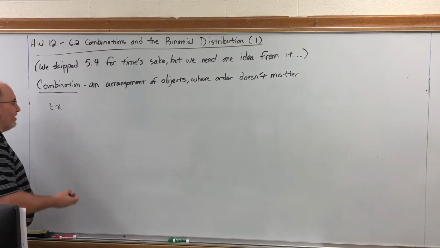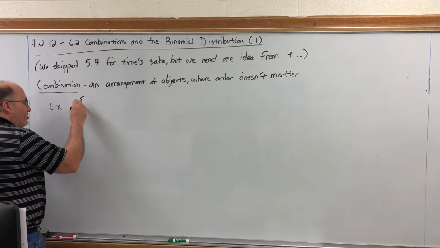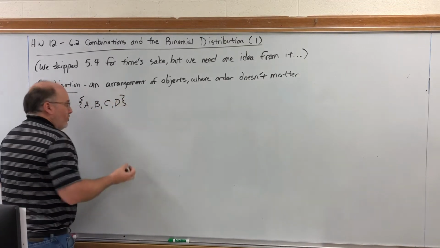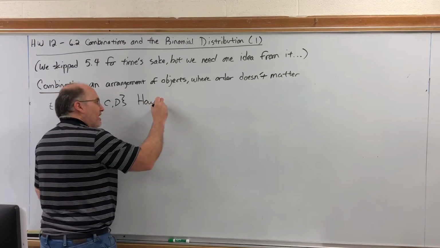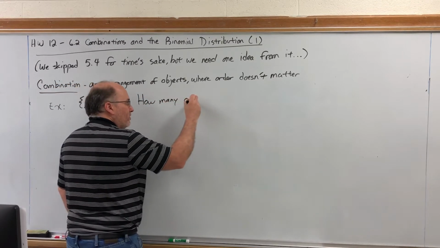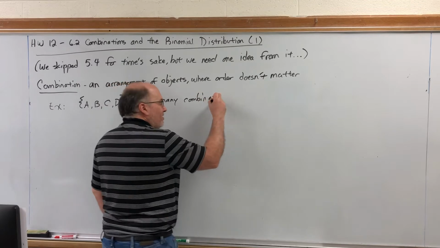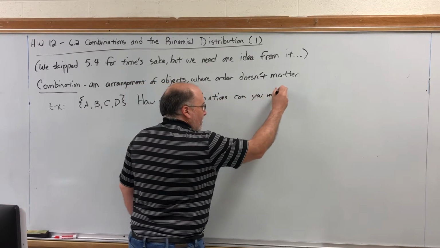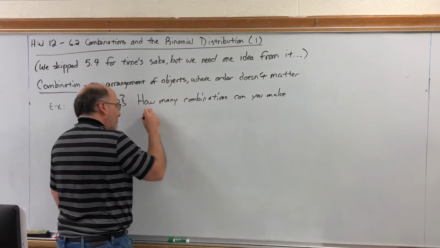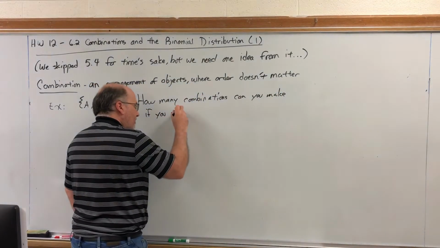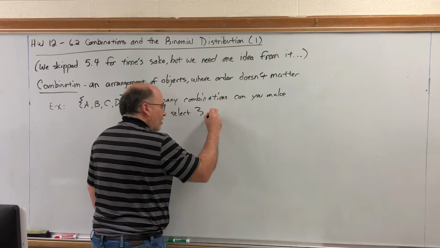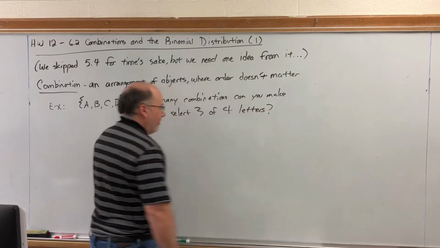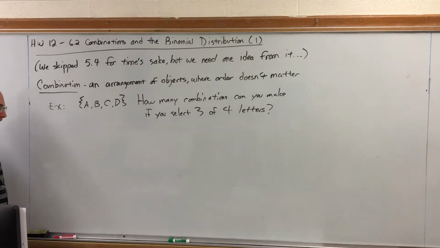You're going to pick 4 letters out of this set of letters, A, B, C, and D. And the question is, how many combinations can you make if you select 3 of 4 letters? Now you can only pick a letter once, so you can't pick A and A.